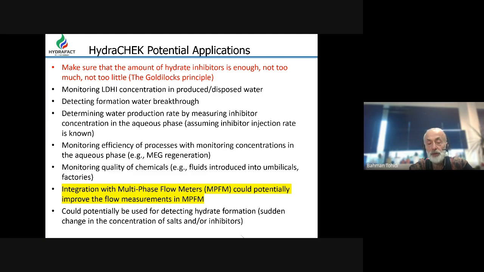The most difficult phase is water, because with the smallest chemical added to water, it becomes very difficult to make sense of it. But with HydraCHEK, we can predict the property of the aqueous phase, knowing the concentration of salt and alcohol in the water, the water which is produced and some chemical added to it.